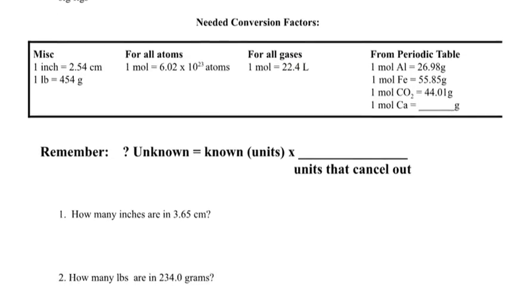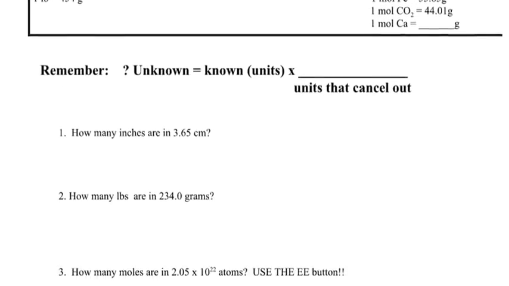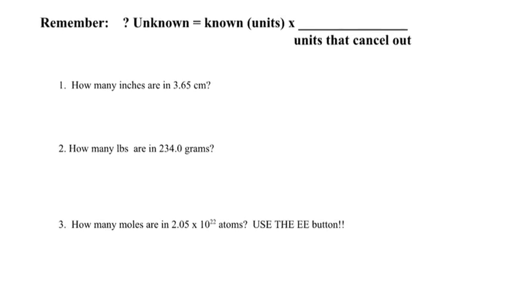Let me scroll down here. All right, so the question is: how many inches are in 3.65 centimeters? So use this. What are you looking for? I'm looking for inches. What do you know? 3.65 centimeters. So let's write that down. This is how you start every problem. So now what?